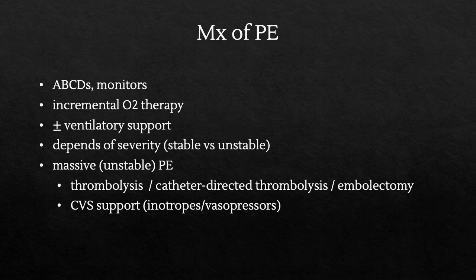This can be provided by high flow O2 because that will also assist with pulmonary vasodilation, and you need to ventilate to optimize your VQ mismatch, and sometimes you do need to hyperventilate to clear the CO2, so that will all be seen on your ABG. Your ABG will guide your ventilatory support.